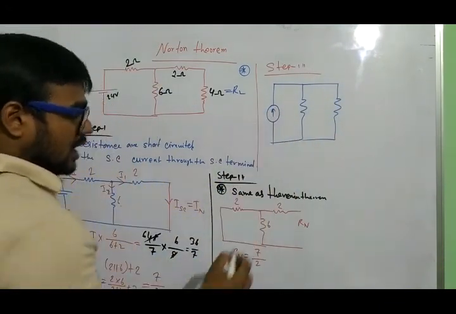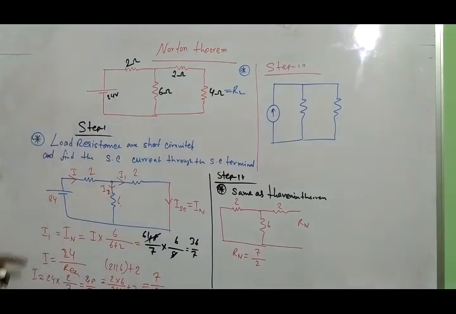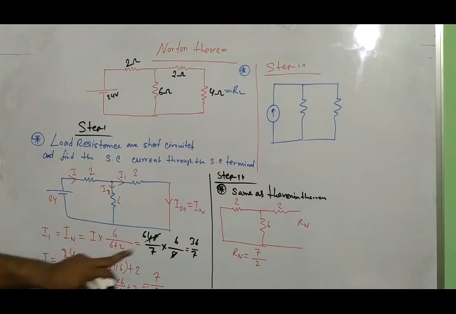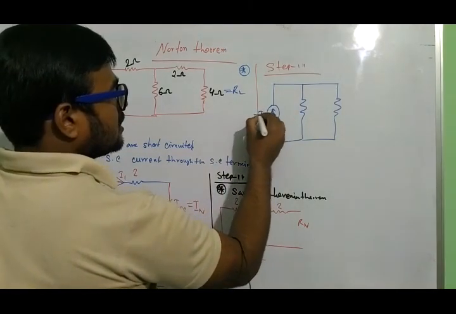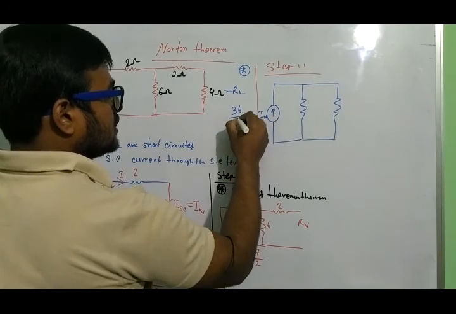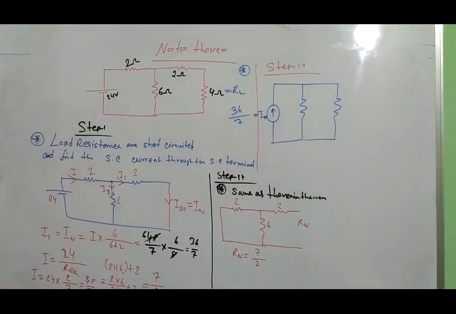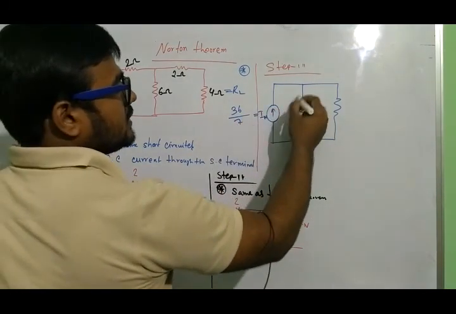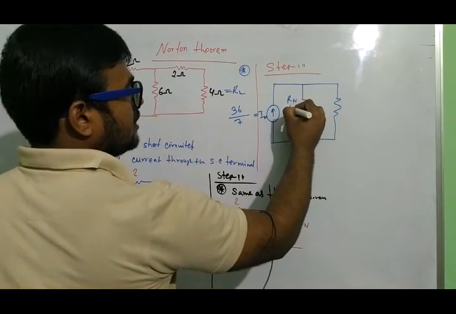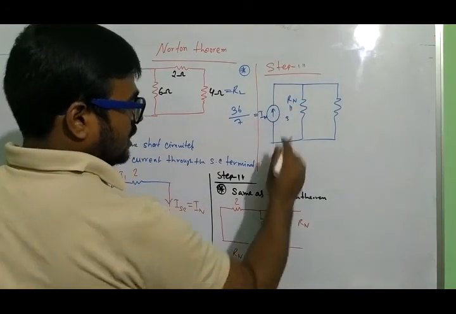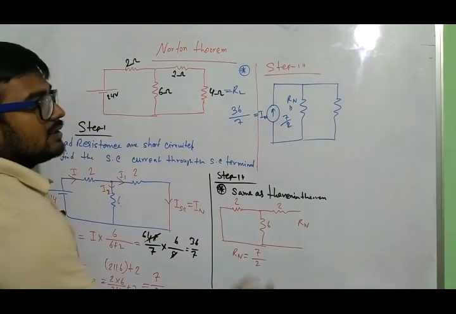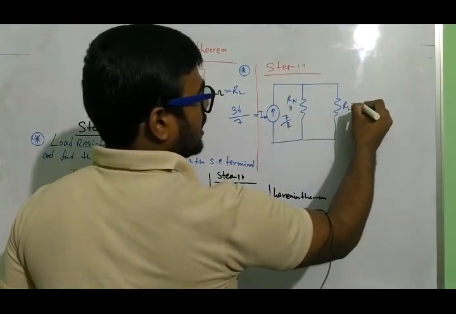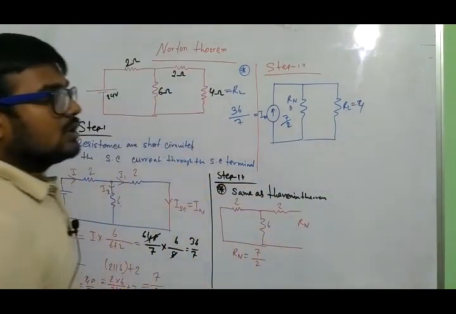So what is the value of this current source? This is called IN or ISC, the value of 36 by 7. And this resistance is called Rn, the value of 7 by 2. And this is the load resistance RL, the value of 4.